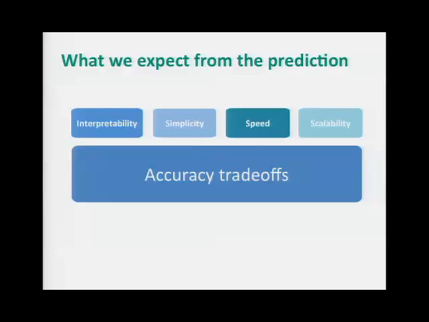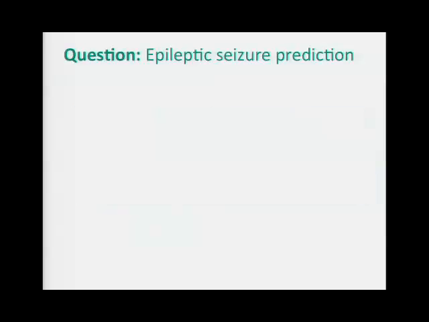Okay, so that was a general view of a predictor, but let's talk about our concern here in this workshop, which is epileptic seizure prediction. So let's talk about the question that we have here.